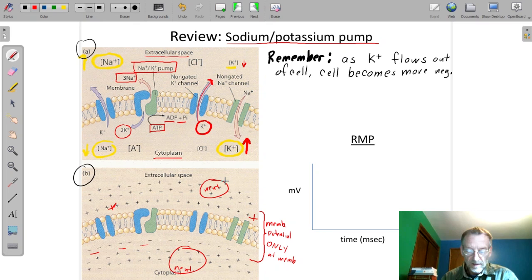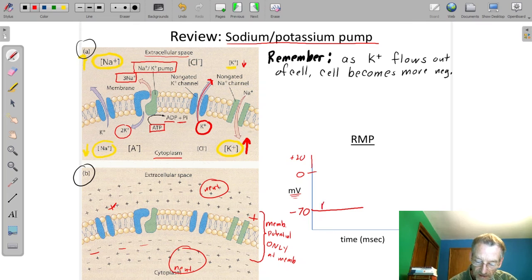Okay. So if you measure the difference in millivolts, it looks something like this. The inside of the cell is slightly negative at about minus 70 millivolts. Up here maybe it would be 0, and if you kept going, maybe up here it would be plus 20 millivolts. So if it's at rest, it just sits here. That's our resting, not doing anything, membrane potential.